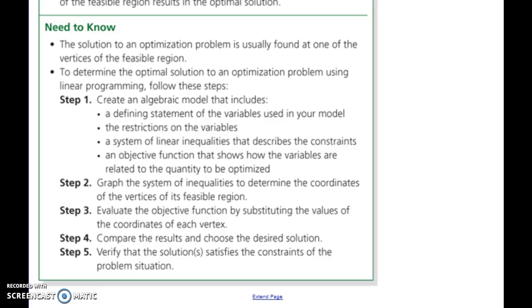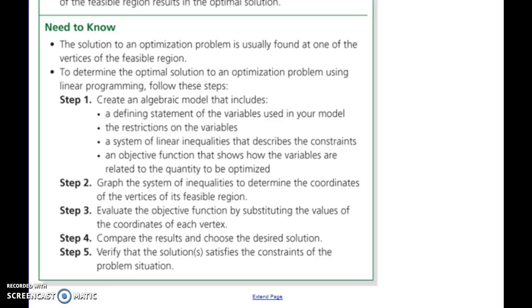That is defining the statement. Finding the restrictions would be creating equations from the word problem, and then we will make an objective function that relates to the quantity to be optimized. So it would include your watermelons and your oranges, if that's what you were talking about.